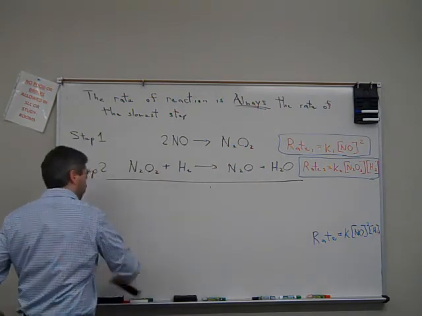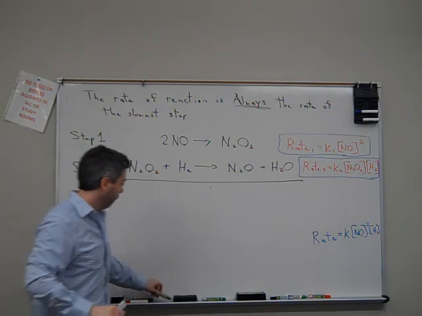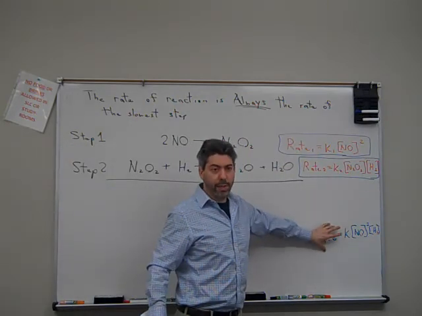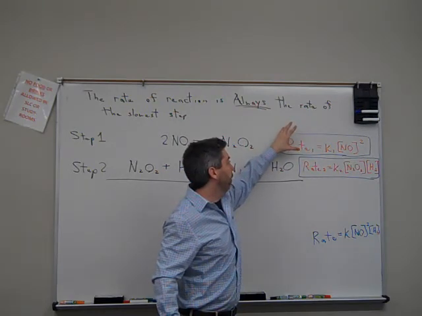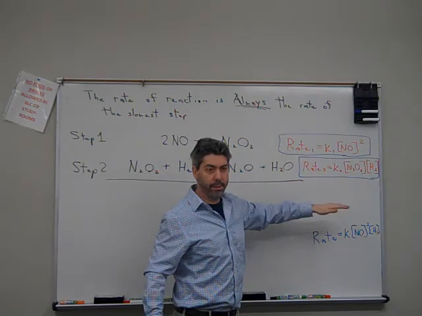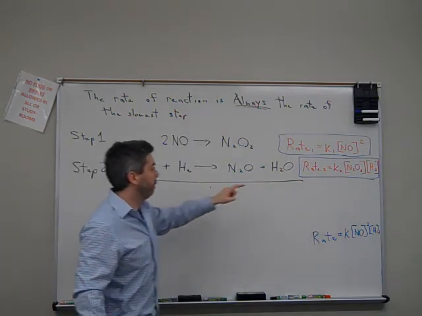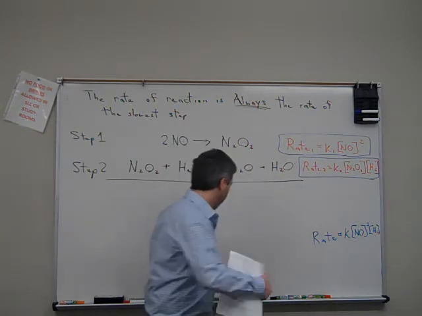I would solve for the intermediate in terms of non-intermediate. So I've already concluded that because this is the rate law for the actual reaction, this is wrong, right? So it's either this or nothing. This is either correct or nothing is. So I can determine if this is right. If this is right, that means this is the slow step, which means this is the fast step.